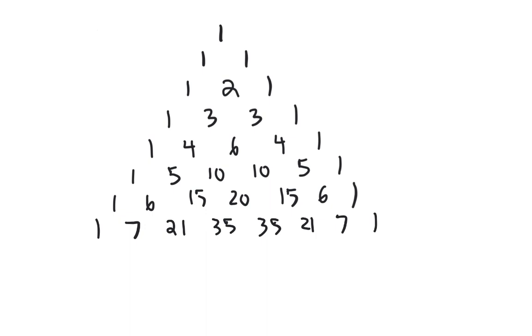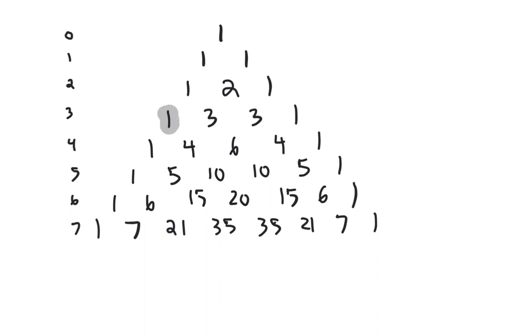But of course we can think of this in terms of binomial coefficients. So we can think of this as a row of 0 things, here's a row for 1 thing, here's a row for 2 things, 3 things, 4 things, 5 things, 6 things, 7 things, and we can continue on. So let's do the third row.